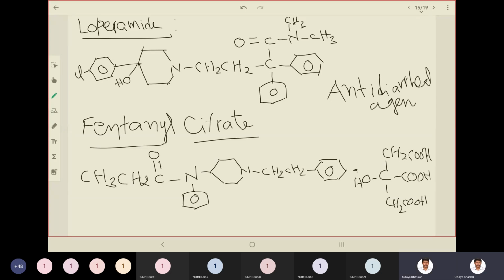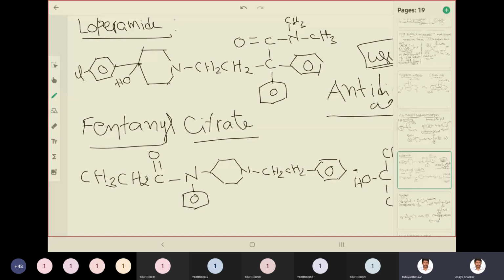So this is somewhat different, right? Other than pain, anti-diarrheal agent. Loperamide. Okay. So you need to remember its use, very much different from others. Okay. And diphenoxylate is an analgesic.